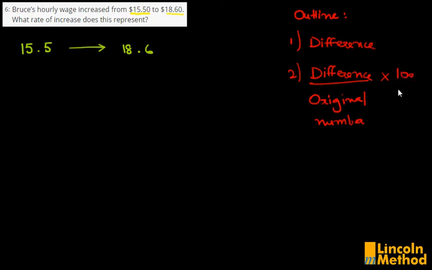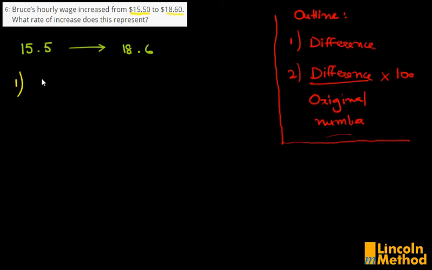And since we need to find out the rate of increase, which also means the percentage change or the percent of increase, we're going to multiply this fraction by 100 and that is going to give us the percent change. So this is it. This question is only going to take 2 steps and we will have the answer.